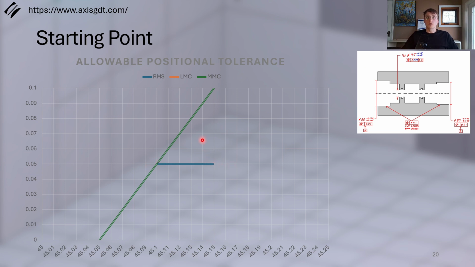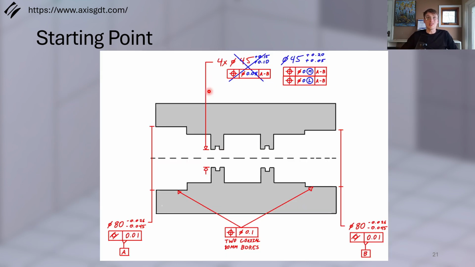However, once we hit, if you do the math, 45.125 millimeter size bore, the combination of positional tolerance and size tolerance would actually allow for an extrusion gap larger than we want. So let's look now at the boundaries again, and then maybe we try adding a 0 at LMC as well. So that way we're not violating that 45.2 millimeter boundary.